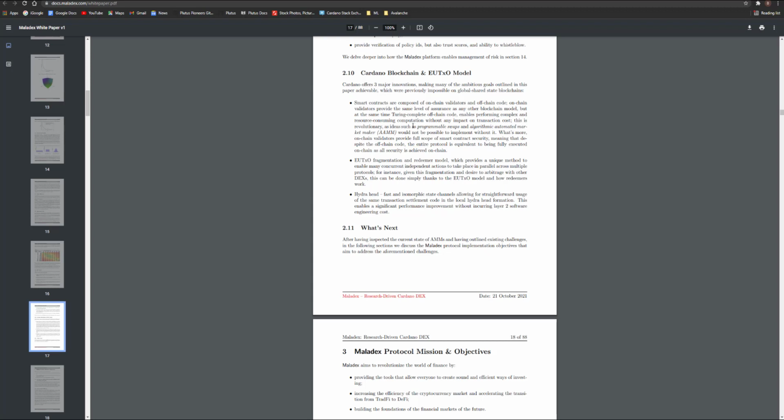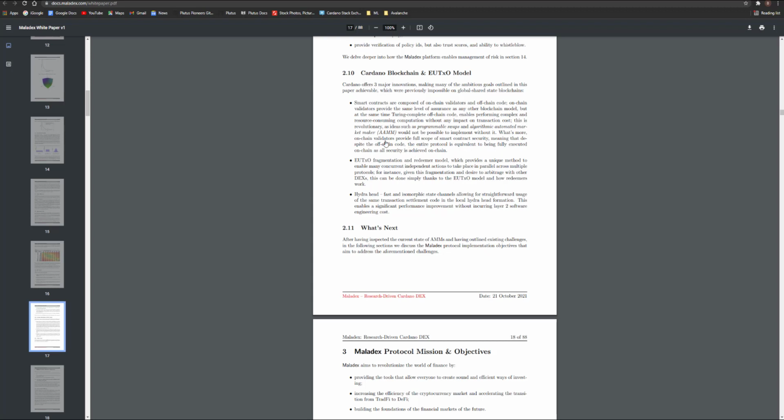This is revolutionary, as ideas such as programmable swaps and algorithmic automated market maker (AAMM) would not be possible to implement without it. What's more, on-chain validators provide full scope of smart contract security, meaning that despite the off-chain code, the entire protocol is equivalent to being fully executed on-chain, as all security is achieved on-chain.